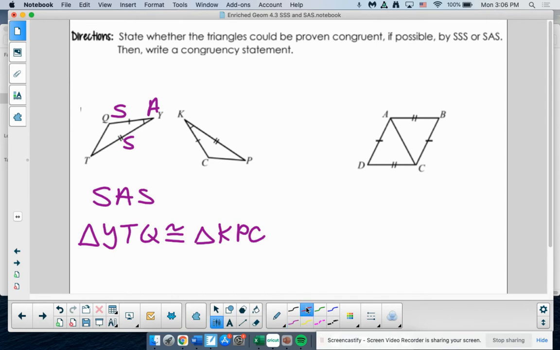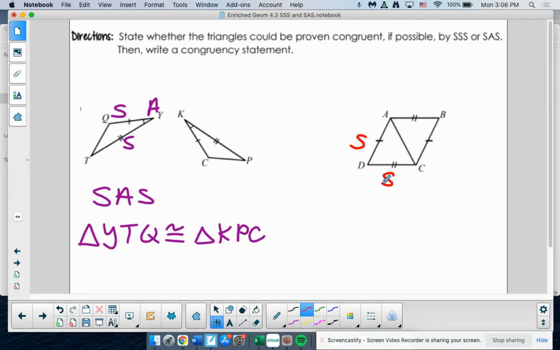Okay, now we'll try this one. If I go around my picture, I'm just going to start here. I have one tick mark, so that's a side marking. Two tick marks is a side marking. So I have two S's, so two sides, but that's all I have marked. But now you got to use your brain, right? We got to assume some things, or we know things without them being marked.